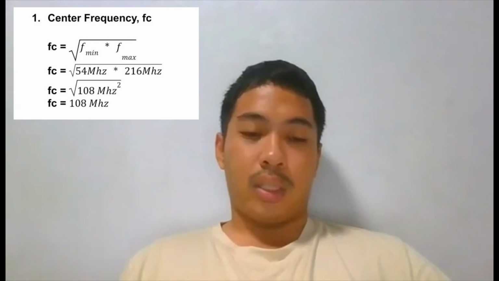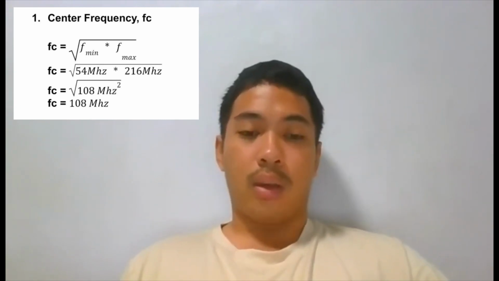The first step is finding the center frequency. Before that, we have an assigned frequency of 54 MHz to 216 MHz. In finding the center frequency, the formula used is the square root of the minimum frequency multiplied by the maximum frequency.